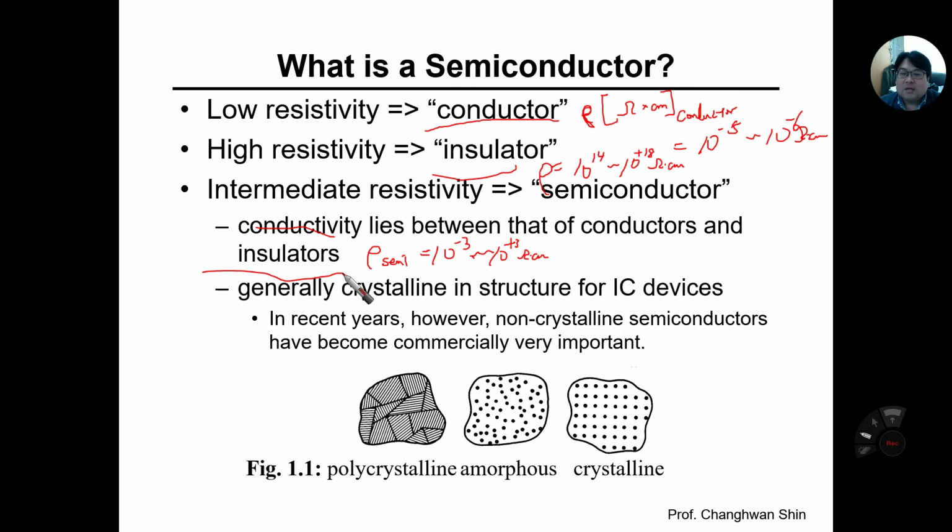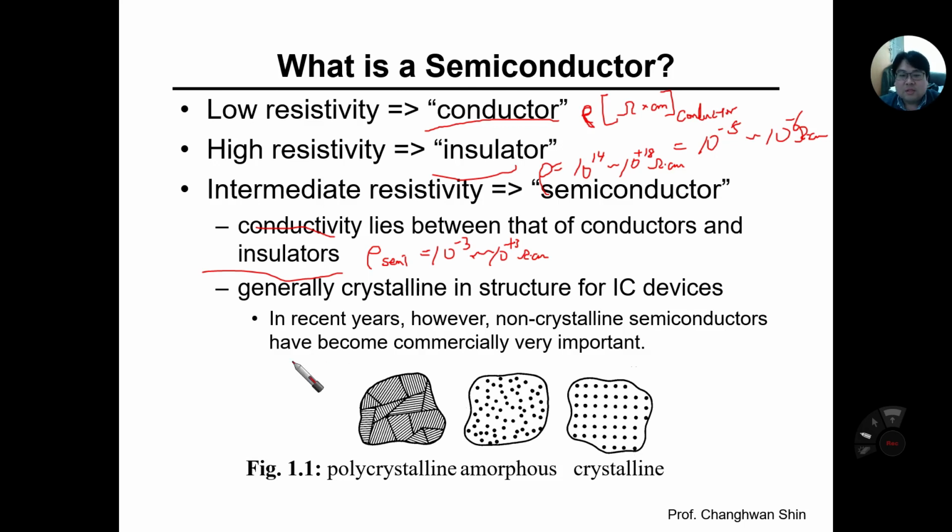Okay? Maybe in the midterm exam, if I'm asking this kind of question, in terms of resistivity, please describe the semiconductor, then you may answer for this question. Okay? All right. So let's move on to the next one.